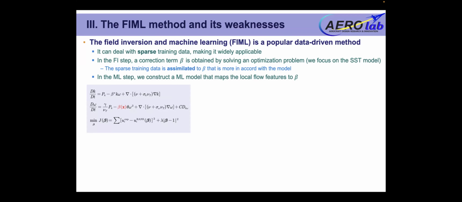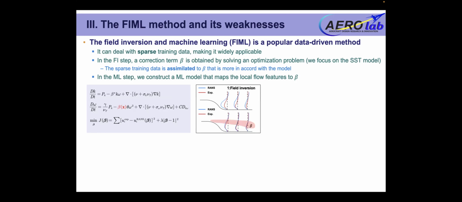Let's take the SST model we will be focusing on as an example. The correction term beta will be multiplied to the destruction term of the omega equation. And then the spatially varying correction term will be determined by solving an optimization problem that minimizes the discrepancy between the RANS prediction and the high-fidelity data, as shown in the central figure here.